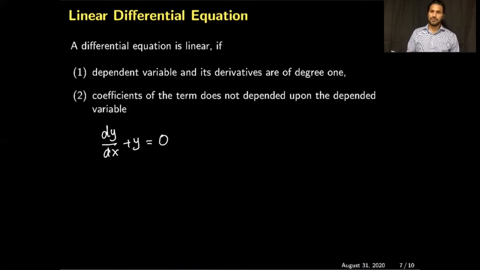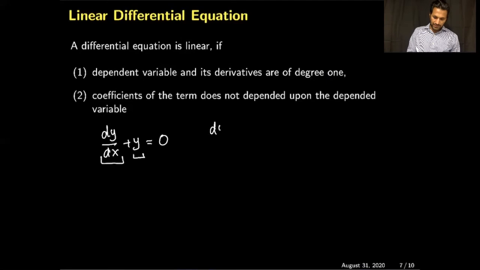This is a linear differential equation because all the derivatives of the dependent variable are degree 1 and the coefficient of the term does not depend on the dependent variable. So there is no dependent variable in front of the derivative.